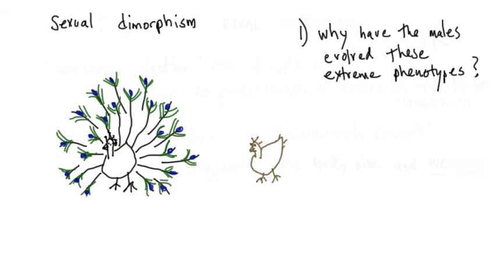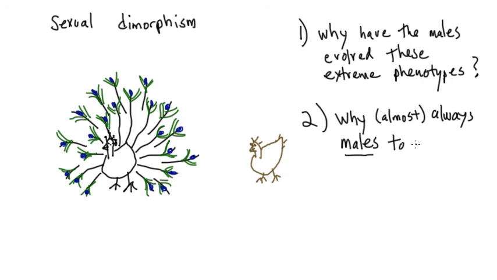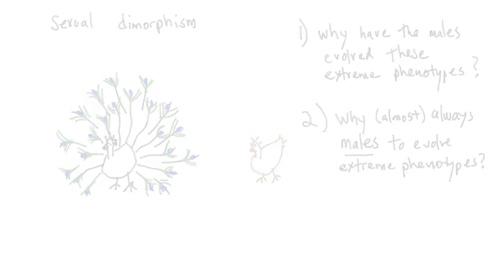The second question to ponder here is, why is it the male sex that's almost always the one to evolve the extreme phenotypes? I really like this discussion because it requires us to think about something we haven't dealt with much so far, the strength of selection. Natural selection can be weak or it can be strong or it can be anywhere in between.